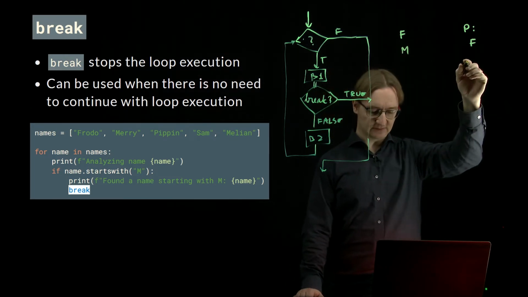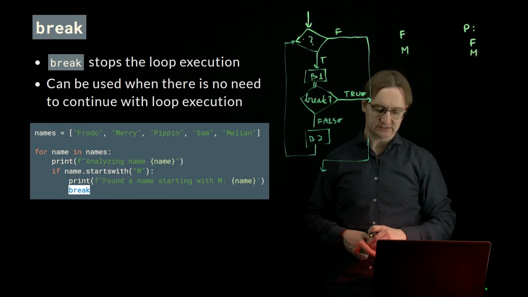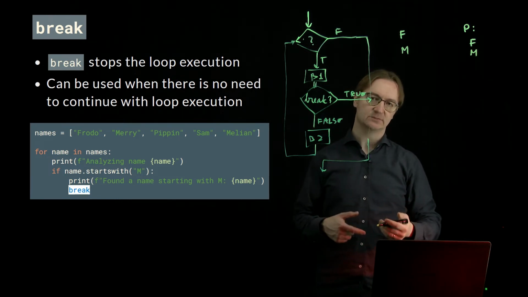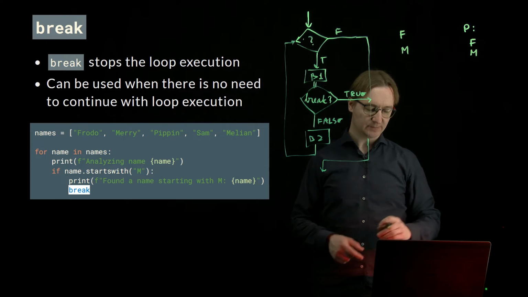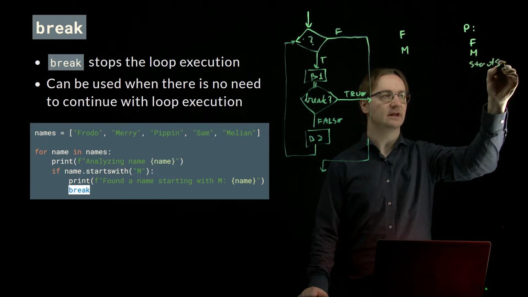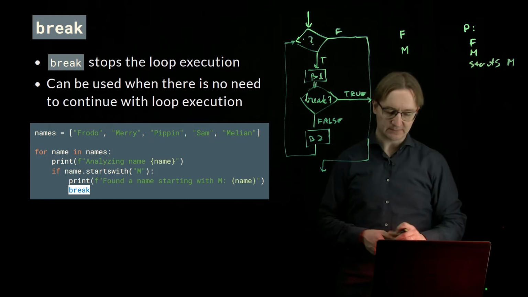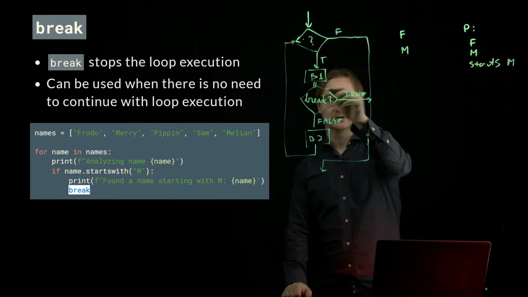We print out that we are analyzing Mary, and now the if condition is true. So the name starts with M. And now we print out that this starts with M, and we break. The break means that we go out from the loop.